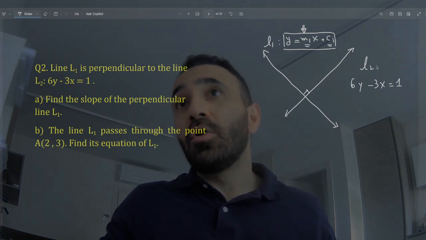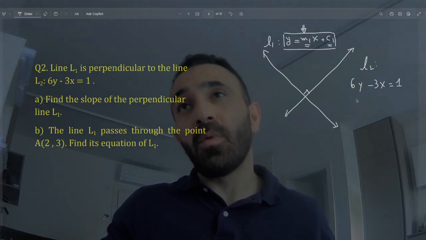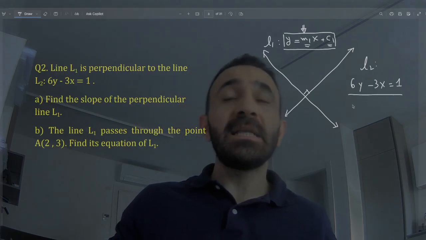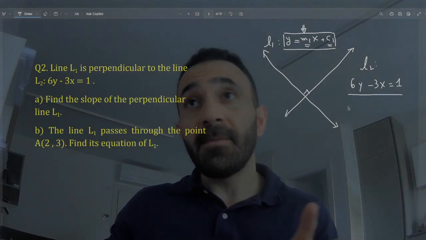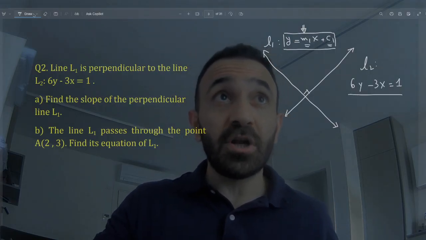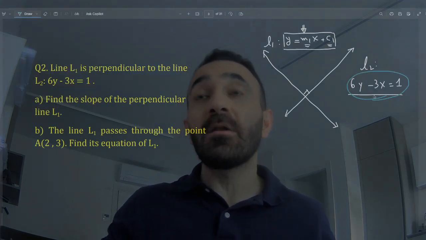Now look at the equation of L2: 6y minus 3x equals 1. If I ask you what is the slope of this line, many students are going to say it's minus 3. It's not minus 3. Why? Because first you need to make sure that this equation of line 2 is in the slope-intercept form. Is it in the slope-intercept form?